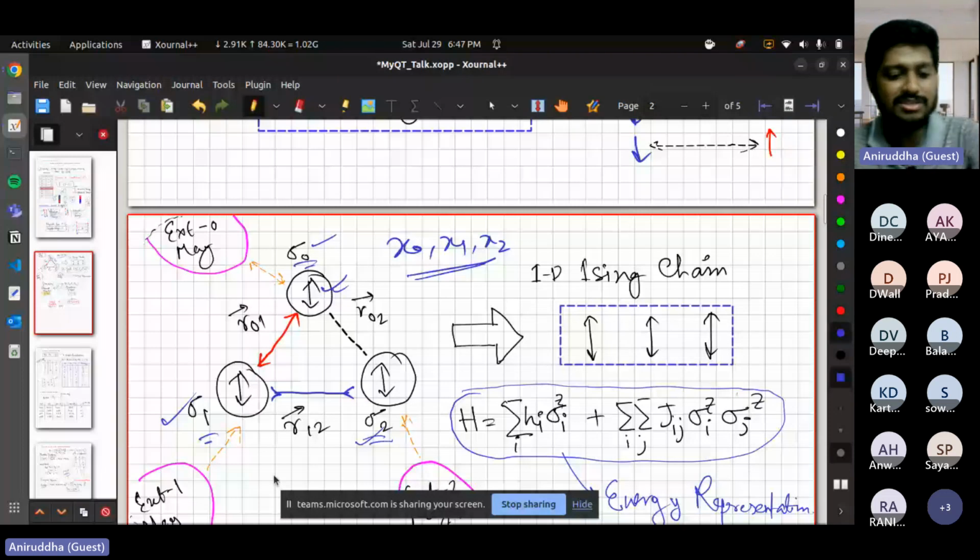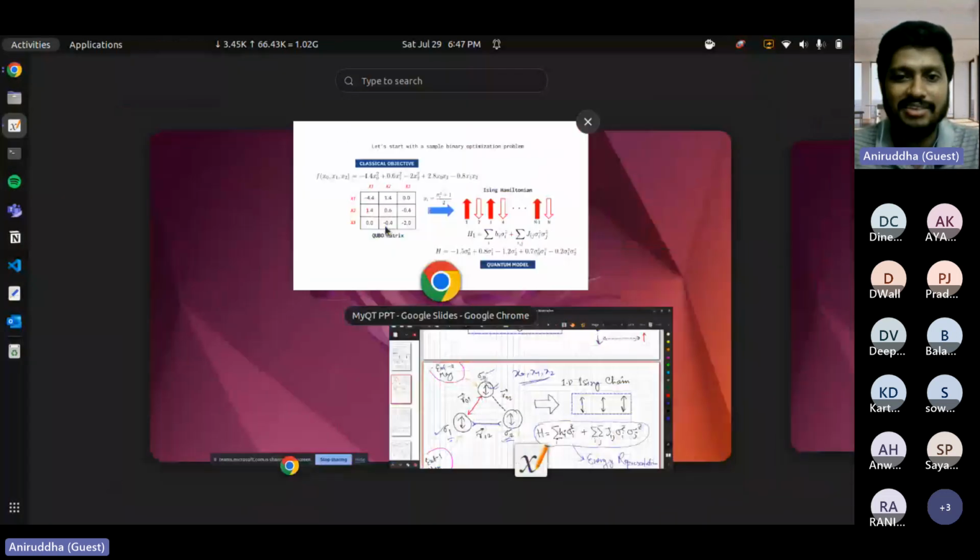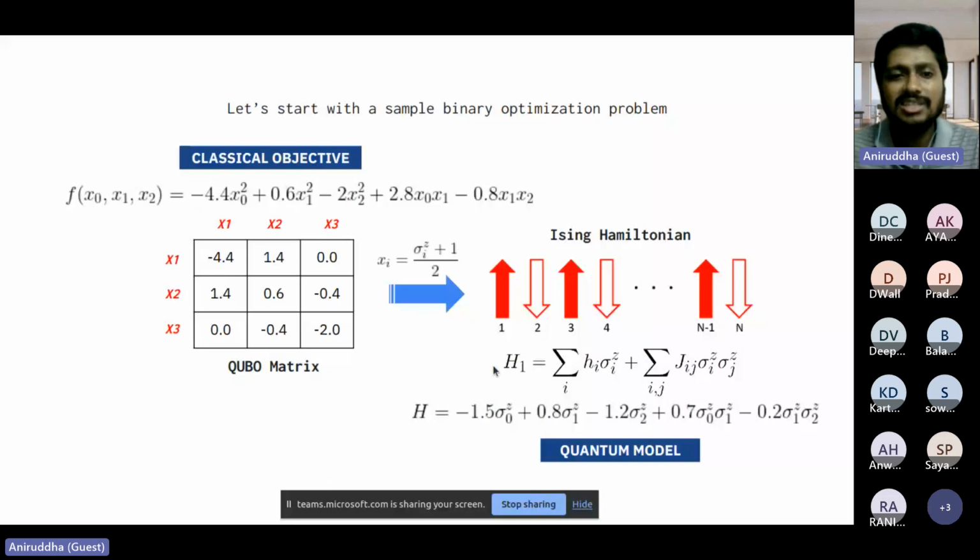Let's go back to my old slide. You can see this is the mathematical expression that you had. Now you apply a formula, xi equals sigma i plus 1 by 2. I'm not mentioning the superscript z, which is uniform because it's a 1D problem.